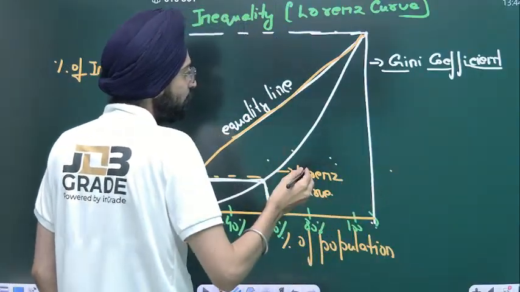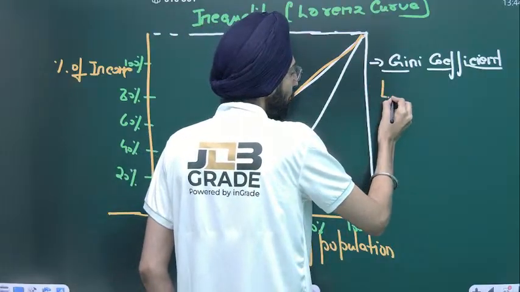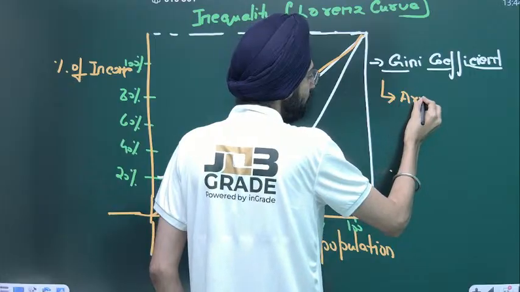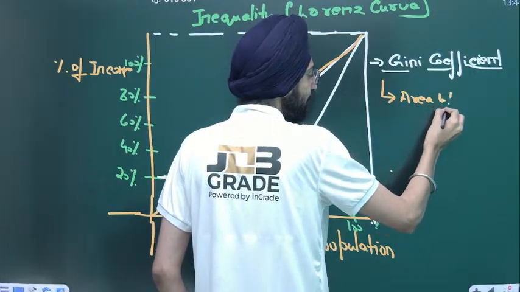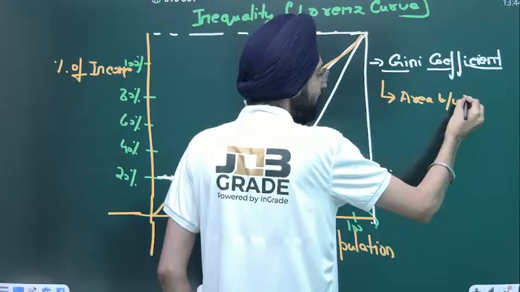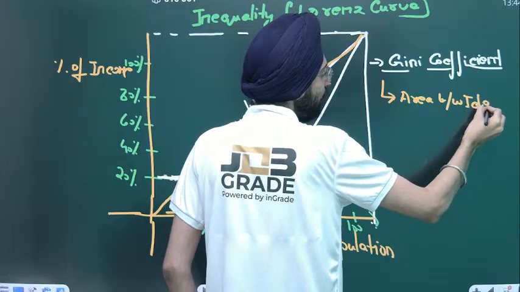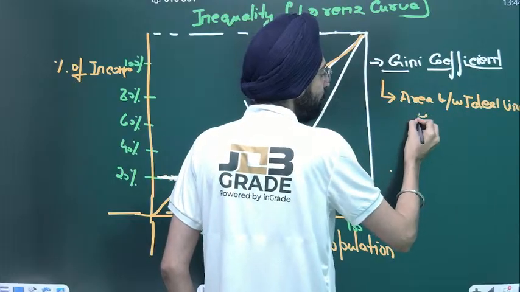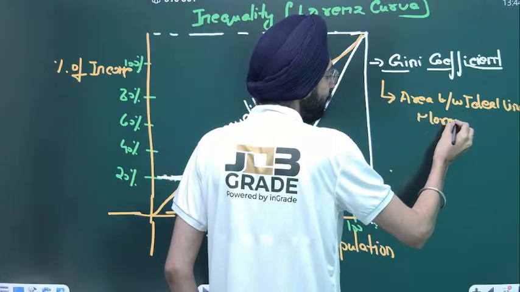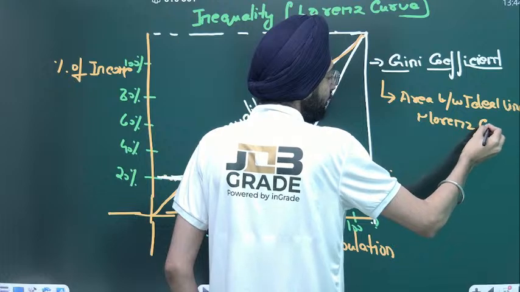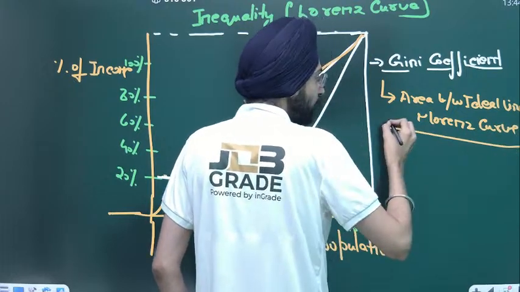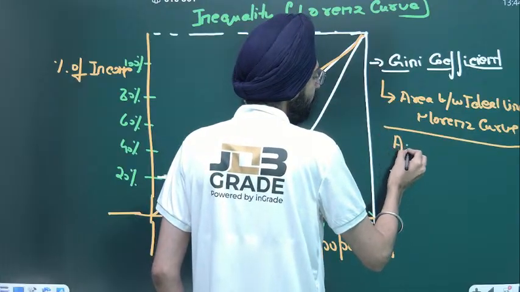It represents the area between the ideal line, that is the equality line, and the Lorenz curve, divided by the area under the ideal line.